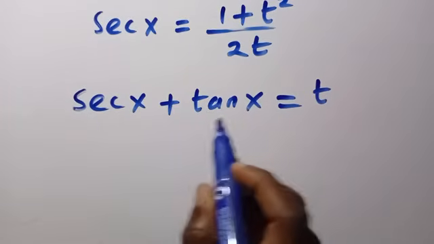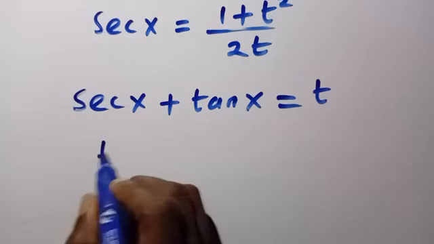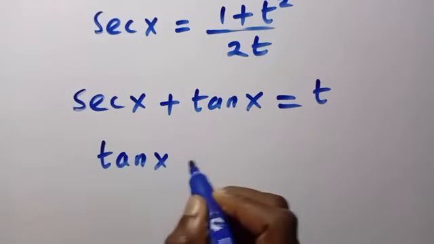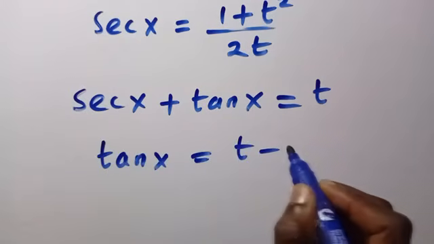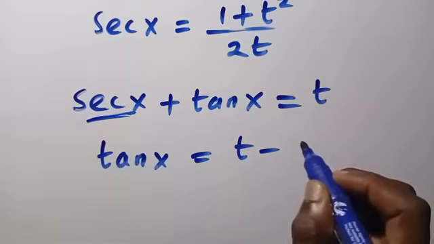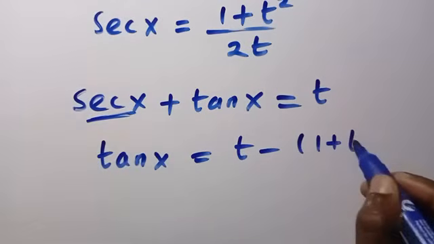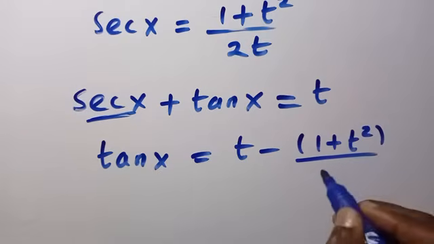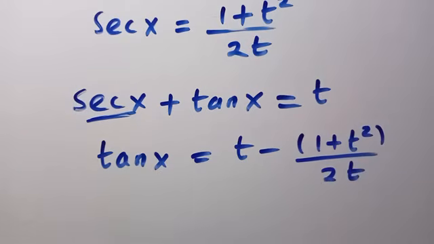Making tan x the subject of the formula, we have tan x equals t minus sec x, but sec x is 1 plus t squared divided by 2t.